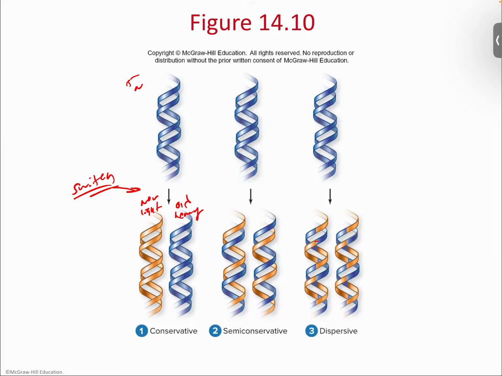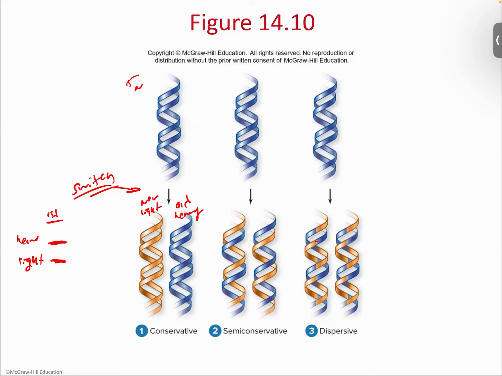Well, guess what? If I run this out on a gel, after that first replication event, I should see a band that is heavy, and I should see a band that is light. Right? So this is after your first replication. This is what they're thinking.